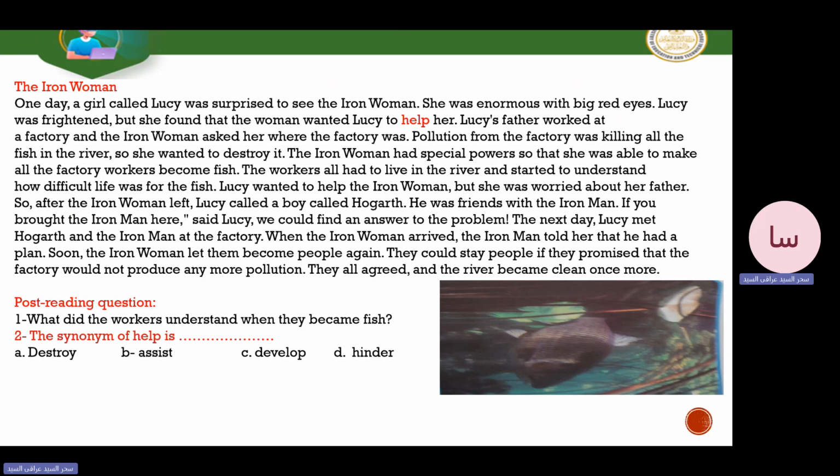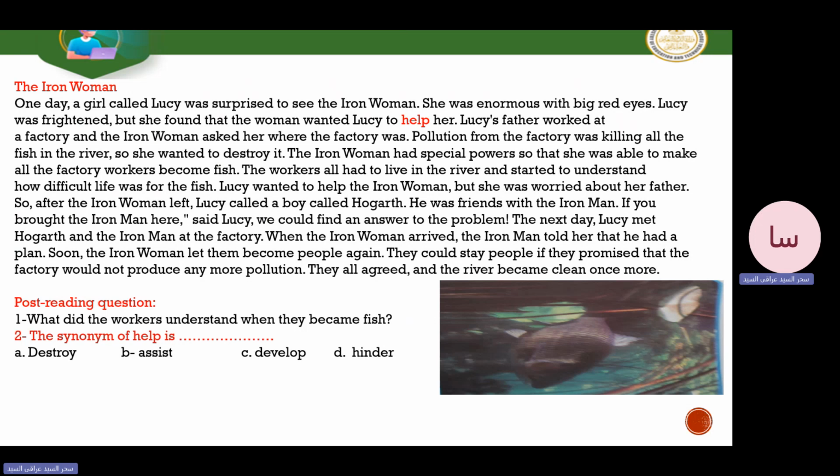The Iron Woman had special powers, so she was able to make all the factory workers become fish. She turned them from people into fish. The workers all had to live in the river and started to understand how difficult life was for the fish. They experienced the difficult circumstances the fish live in.